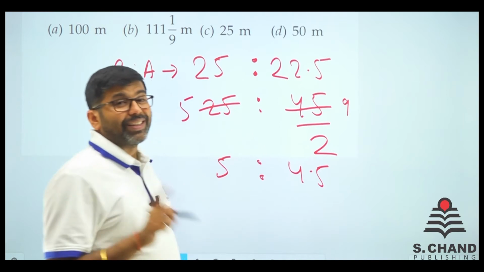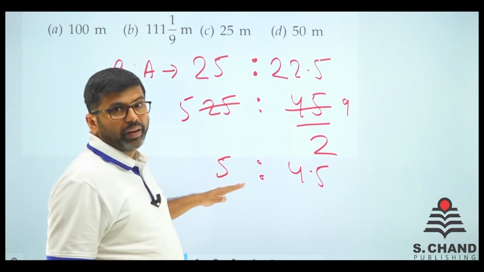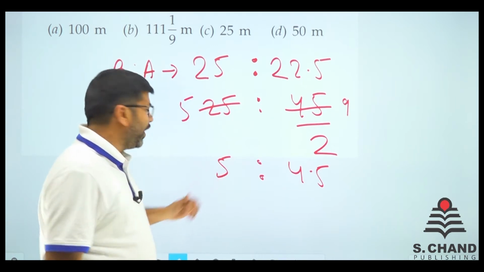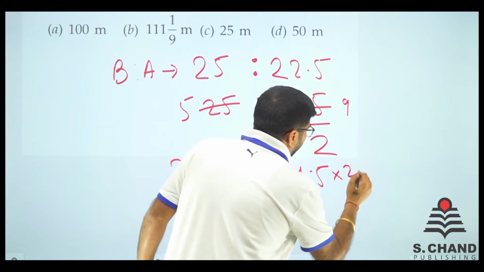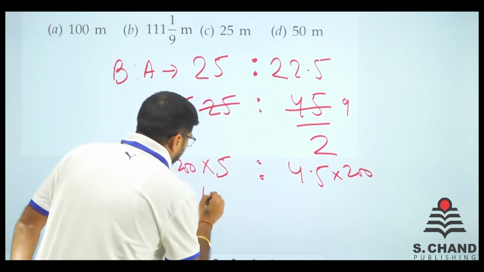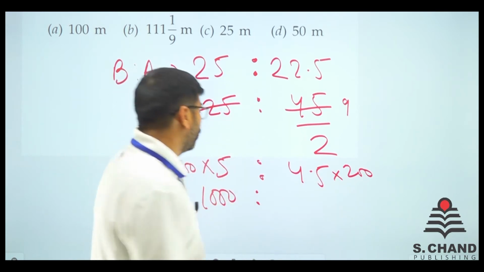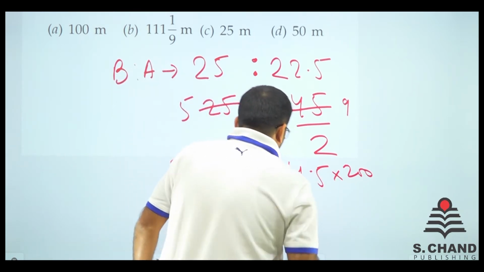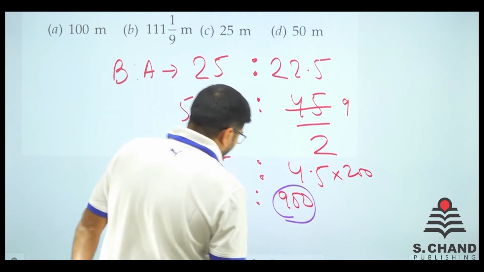Now this is a 1000-meter race, so we need to do 1000 here. So 5 into 200 here and 200 here, so we'll do 1000 is to 4.5 into 2 is 9, so it's 900. So when he goes 1000 meter, he just goes 900 meter.